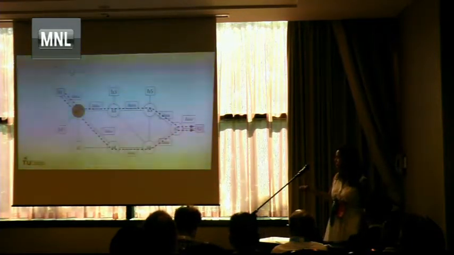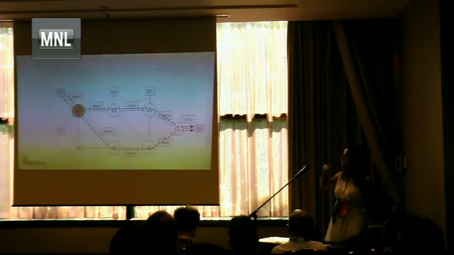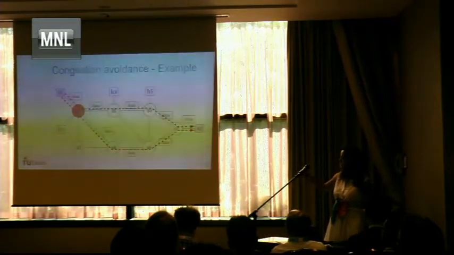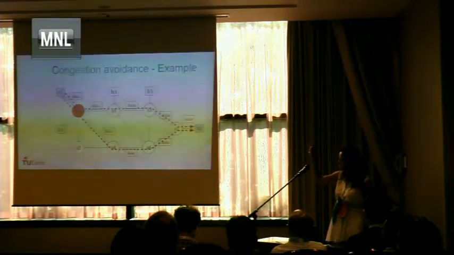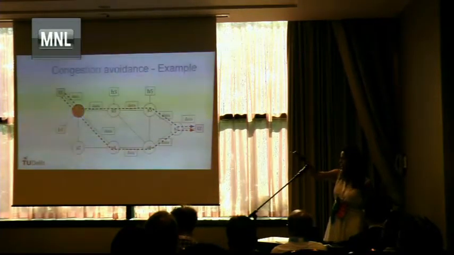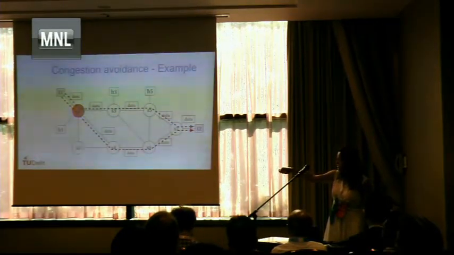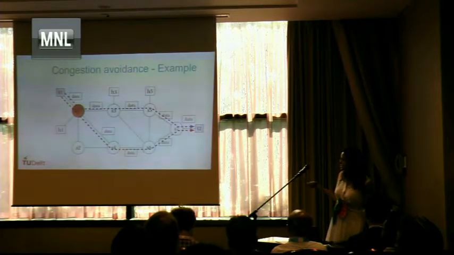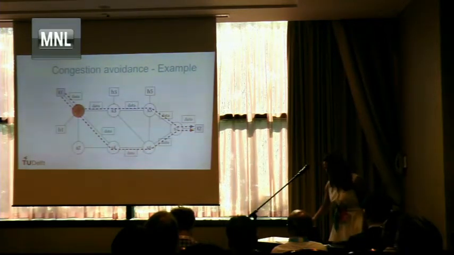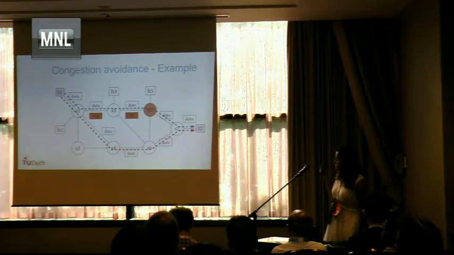This is just like changing one entry in the table, and it's done locally. So this switch can immediately react, and the traffic is rerouted instantly without any additional delay.